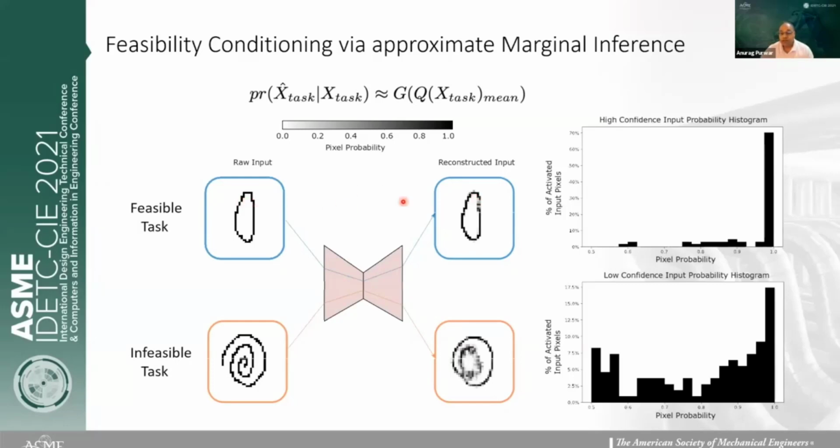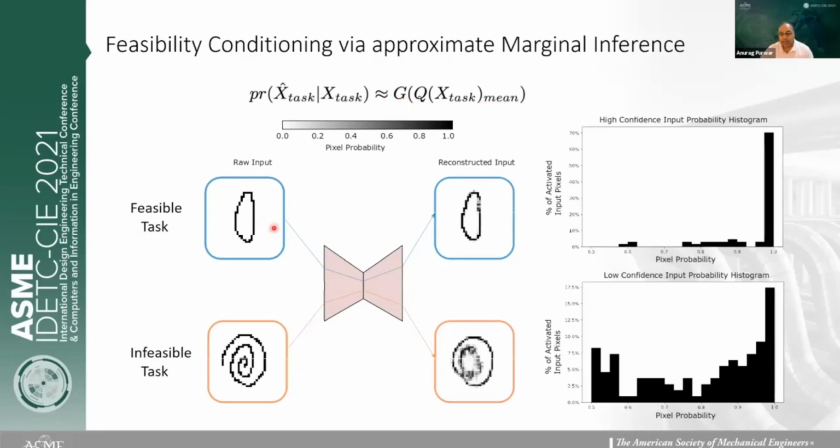So the difference between these two will tell you how well this can actually be generated by the 4-bar mechanism. We call this the probability of generating a task given an input task. X hat task is on the output side, that's the reconstructed input, and X task is your input, which is what we call the raw input, right? And that is approximated by our CNN VAE architecture over here.